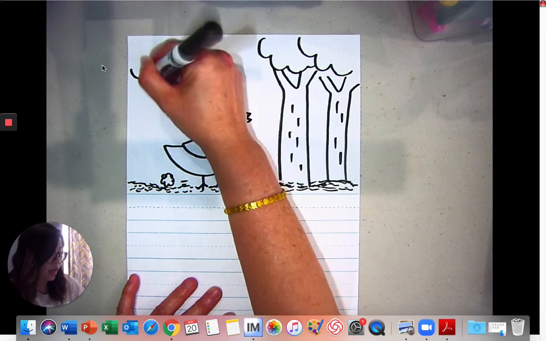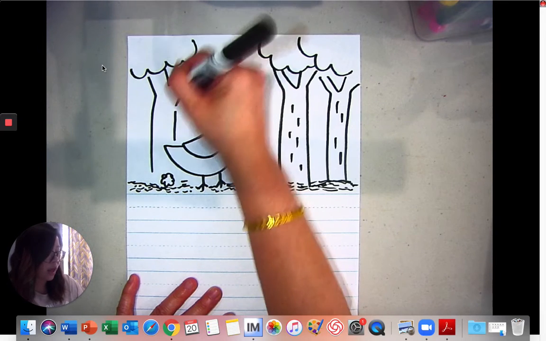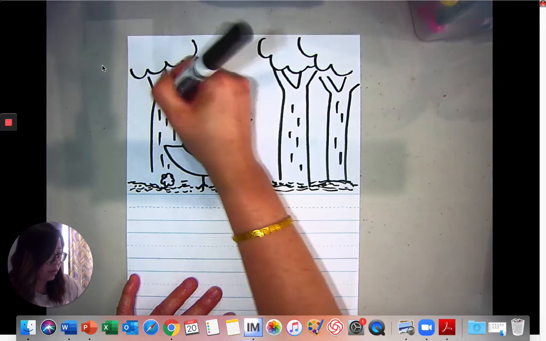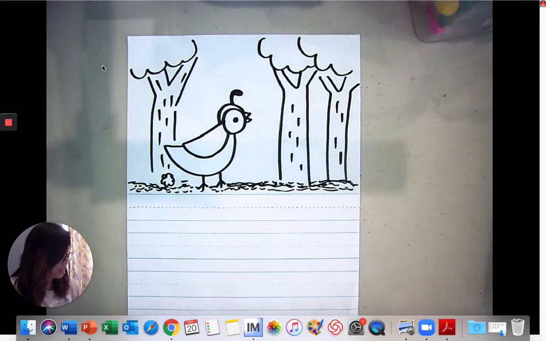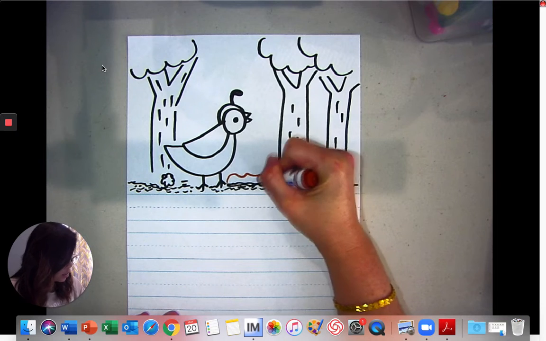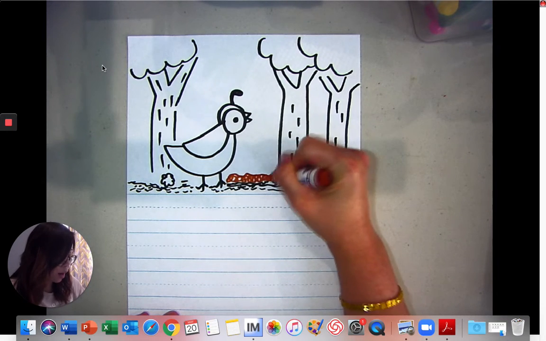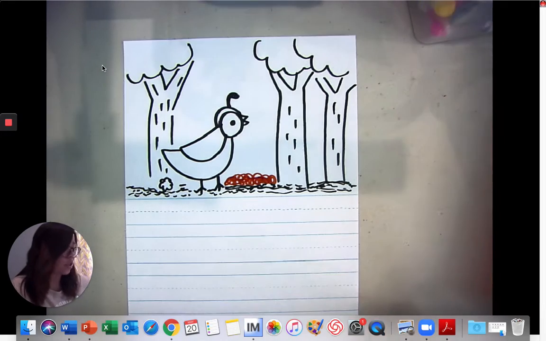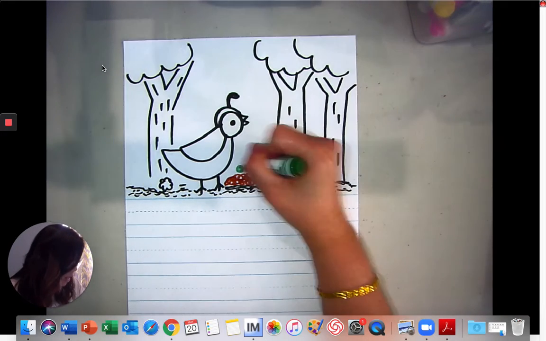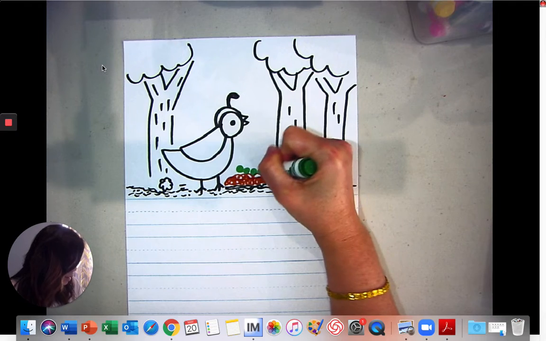Okay, and I learned from the video that quails can use their beaks to dig in the dirt, and I can probably assume that when quails are digging in the dirt, they are looking for different types of bugs or insects to eat.